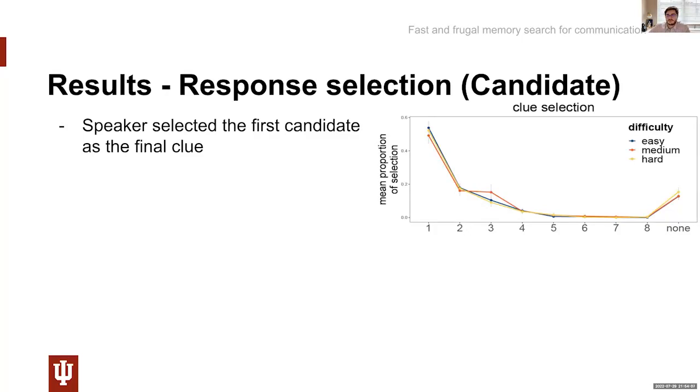This is where the none I mentioned previously comes into effect, right here at the end, because they could have selected a clue that was not a part of their candidates. So for generating clues, they selected the first candidate that came to mind as what they felt to be the most correct one.